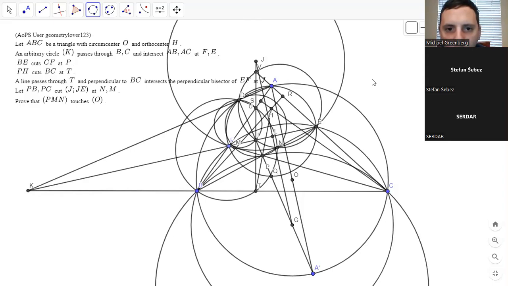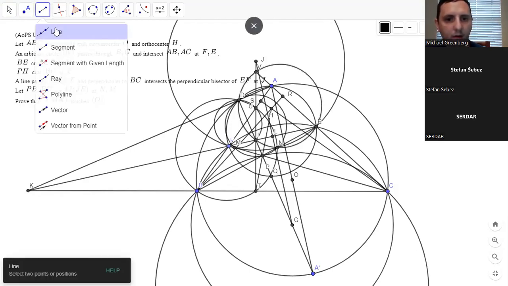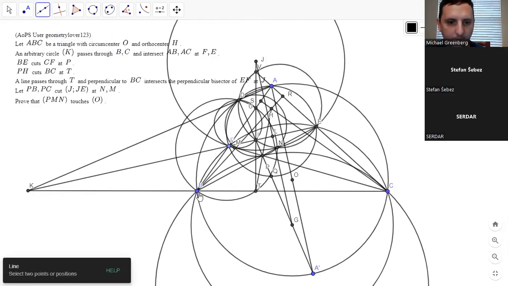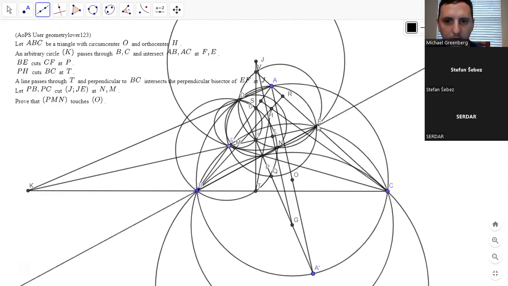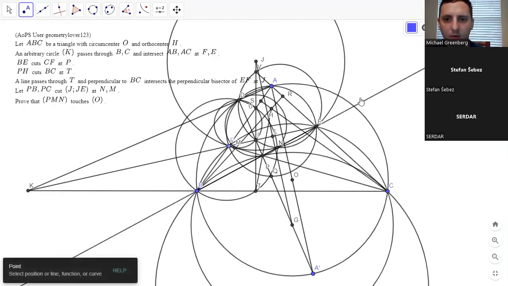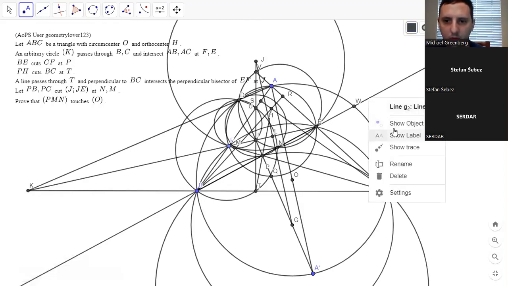I proved that N is on that circle. Oh, really? Yeah, it's from the spiral similarity center: if you intersect BE with the circumcircle of ABC, then angle DNU equals DWA, and it equals DBA, and it equals DBU.